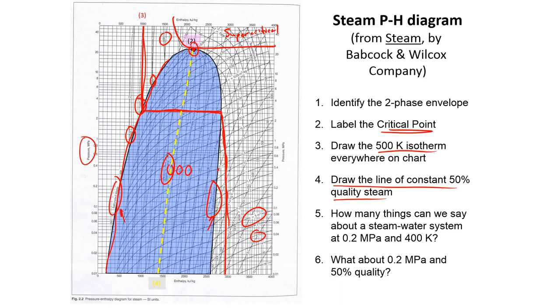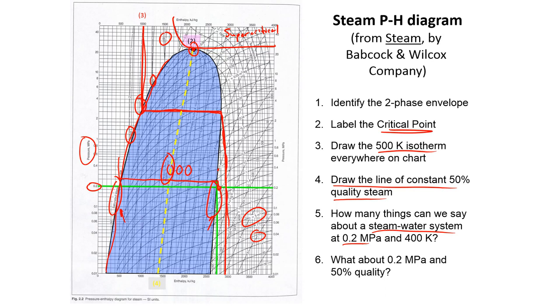And then what can we say about a steam water system at 0.2 megapascals and 400 Kelvin? I'm going to track this 400 line. If we track the 400 line, that's going to come right here and then continue down.